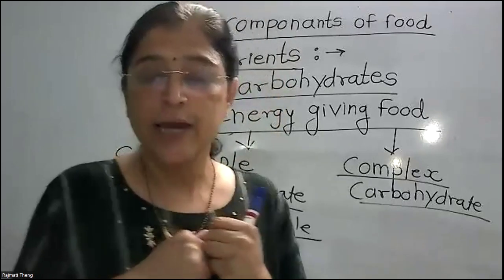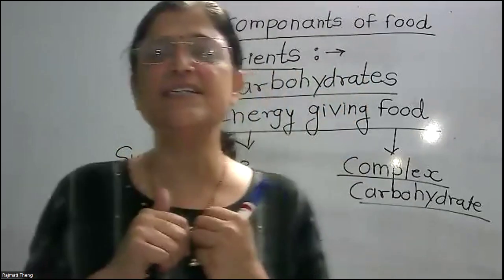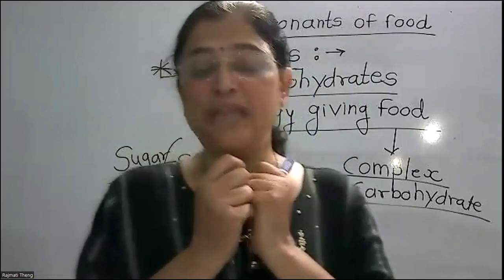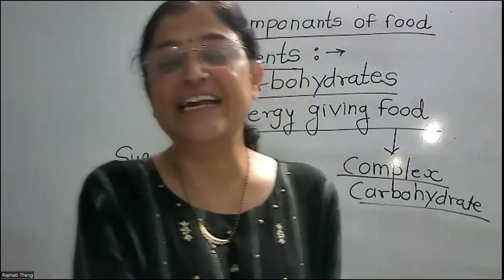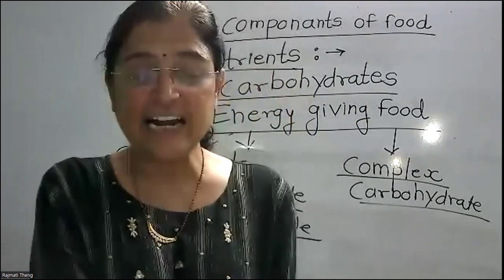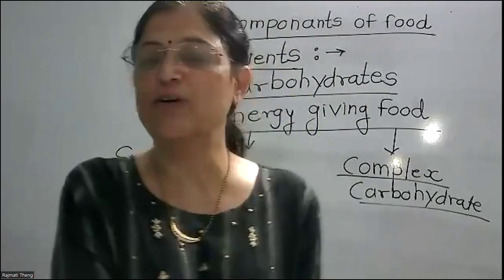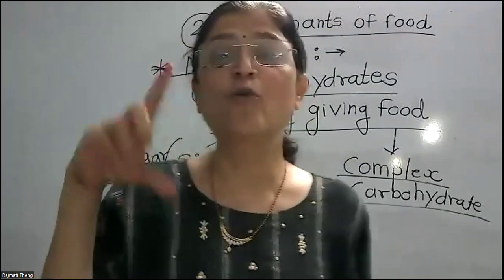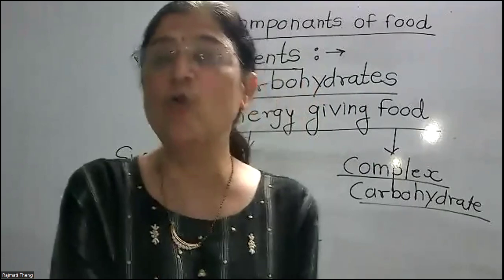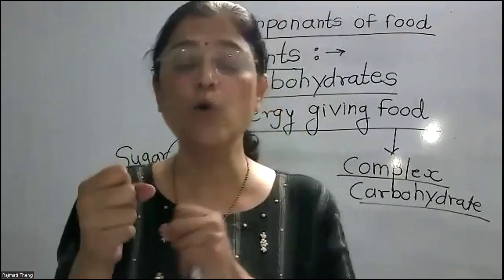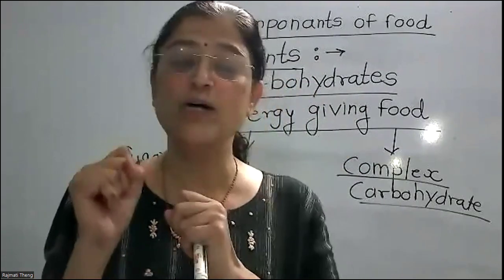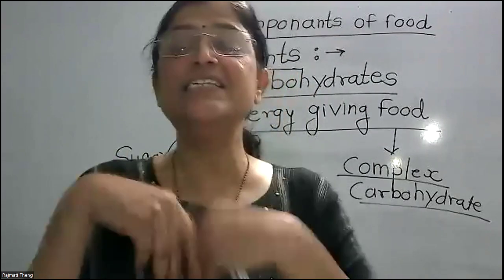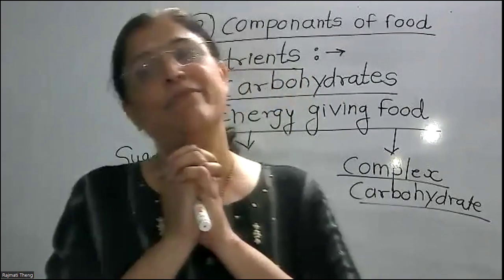If a patient is unable to take solid food, then to that patient saline is given, and in that glucose is given, because that glucose is easily mixed in our ब्लड.